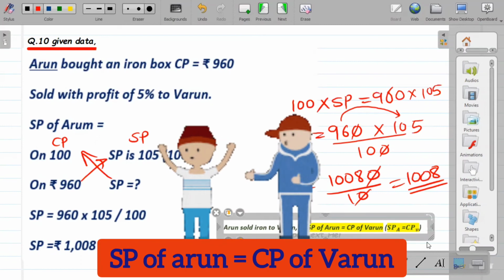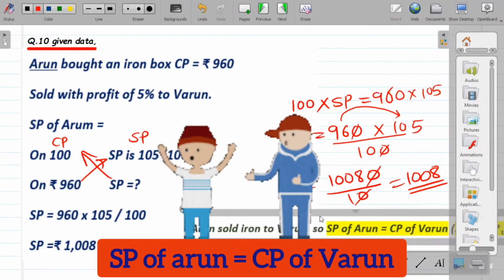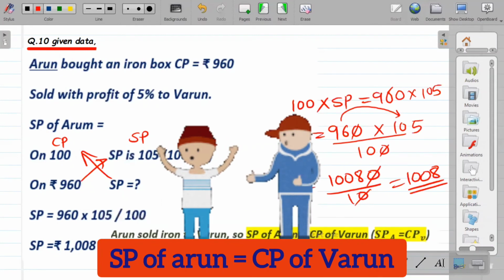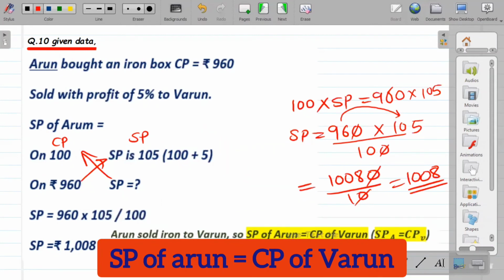Arun has sold it to Varun for 1008 rupees. Means what is the selling price of Arun? Whatever is the selling price of Arun, that is nothing but the cost price of Varun.